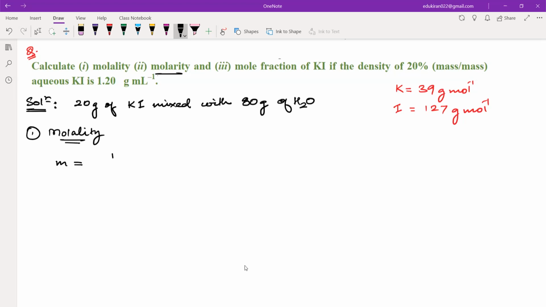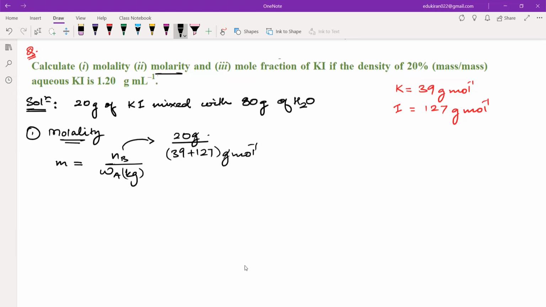Molality will be equal to the number of moles divided by mass in kg, right? So the number of moles will be equal to 20 grams divided by 39 plus 127 grams per mole.